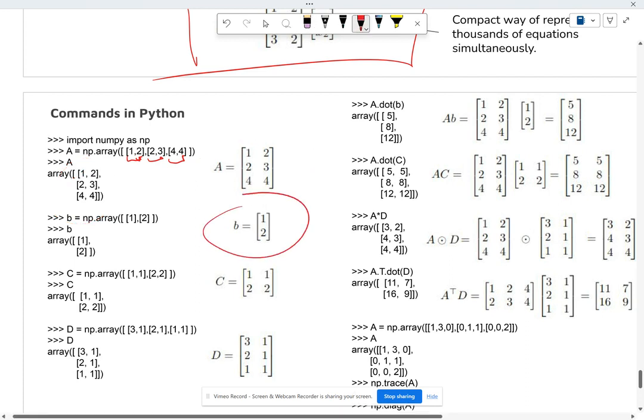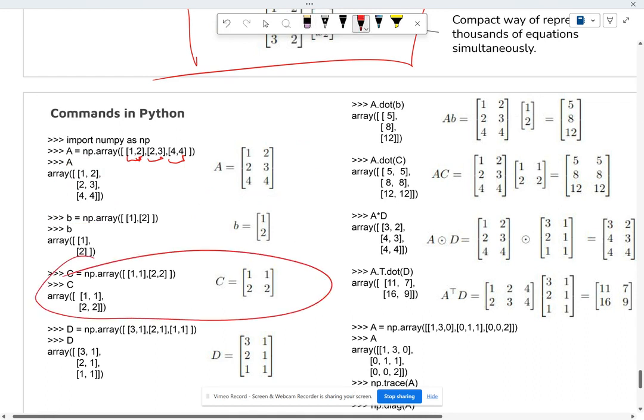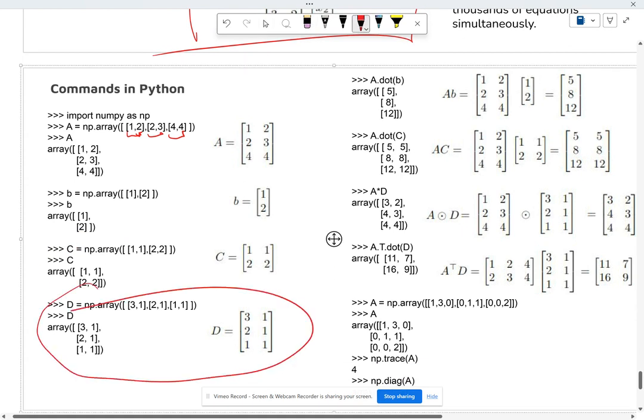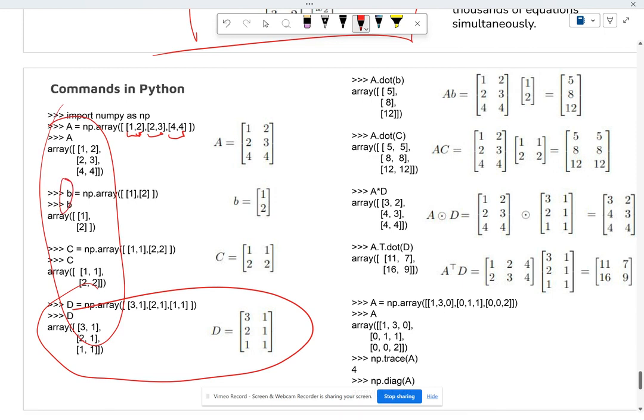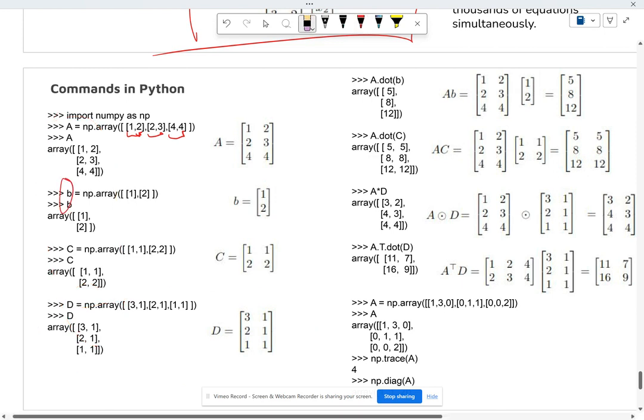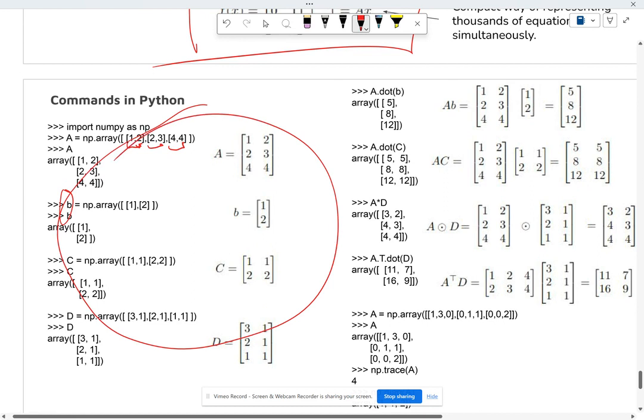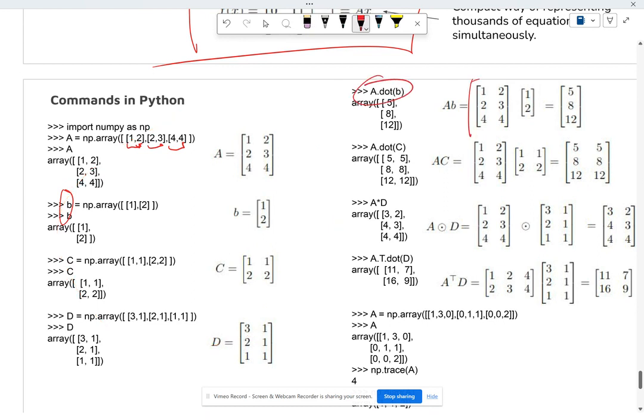And right here, you already learned how to form a vector. Here we give you another example. And here is yet another example. So we have A, B, C, and D as a vector. And once you have them, you can do dot products. So A dot B, which is equivalent to doing this.